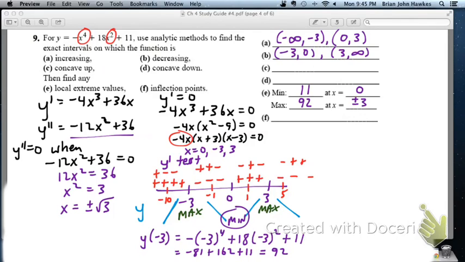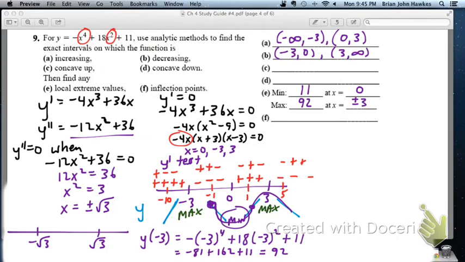So that's when y double prime is equal to 0, and we need to conduct our y double prime test with negative radical 3 and positive radical 3. But keep in mind, we already know that the function y is concave down until the first inflection point, and then it's concave up till the second inflection point, and then concave down, because we know the shape of polynomial functions.